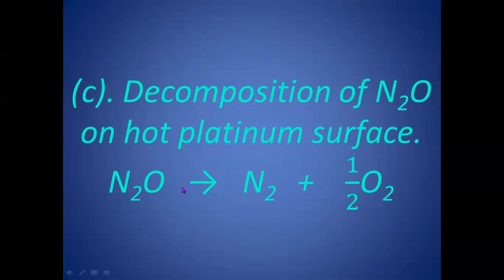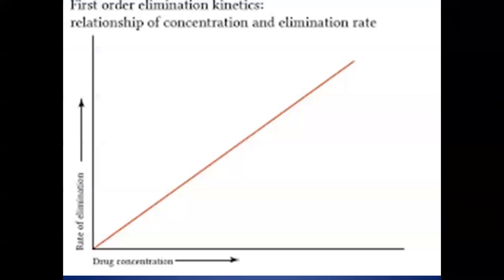The balanced equation for this can be written as 2N2O gives rise to 2N2 plus O2. So whatever it may be, the physical states are different. Platinum is solid, this is a gas, therefore it is a heterogeneous reaction and it follows zero order, or it is a zero order reaction also.